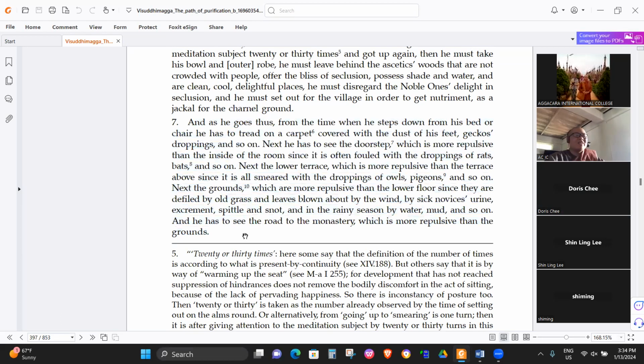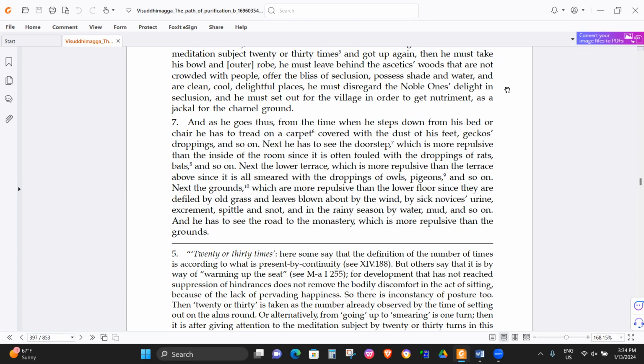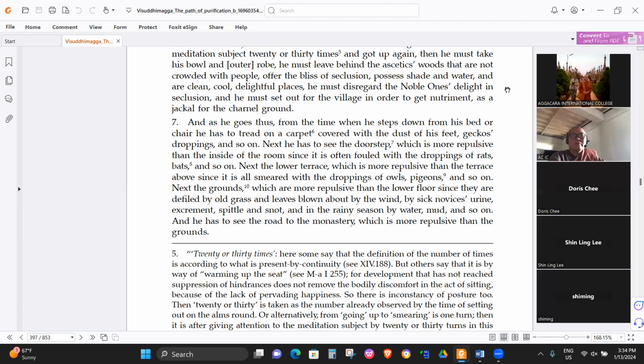As he goes thus from the time when he steps down from his bed or chair, he has to tread on a carpet covered with the dust of his feet, shackles, droppings, and so on. Next, he has to see the doorstep, which is more repulsive than the inside of the room, since it is often fouled with the droppings of rats, bats, and so on.